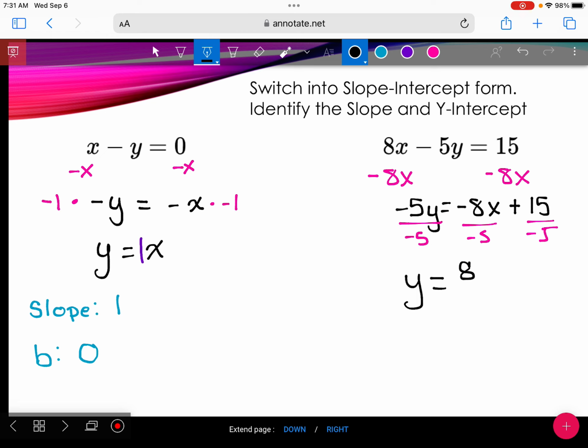We're going to have positive 8 over 5 x. 15 over -5? -3. So our slope is what? 8 over 5. And our y-intercept? -3.